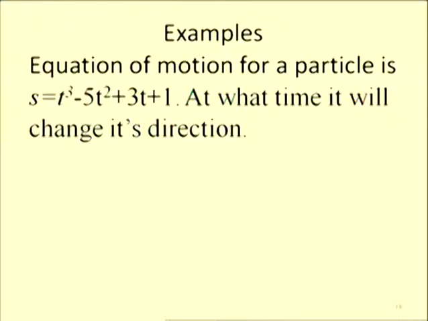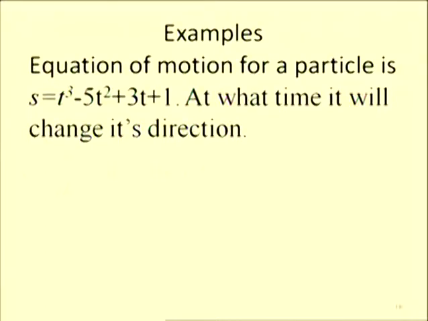As we know, whenever the particle changes direction, at that particular time the velocity becomes 0, because to change the direction its velocity should be equal to 0. So at the time where velocity becomes 0, it will change its direction.